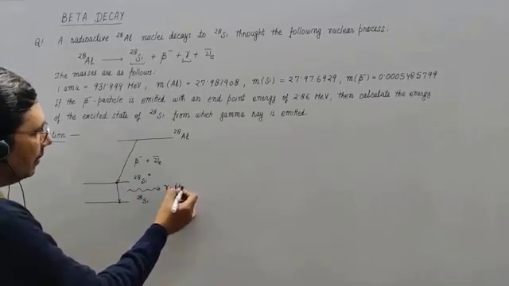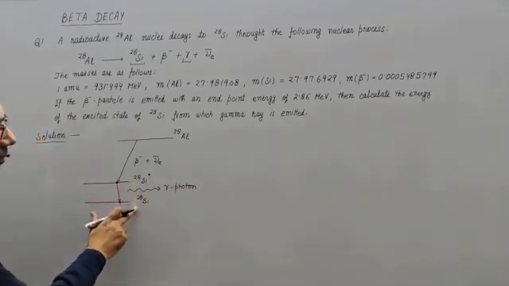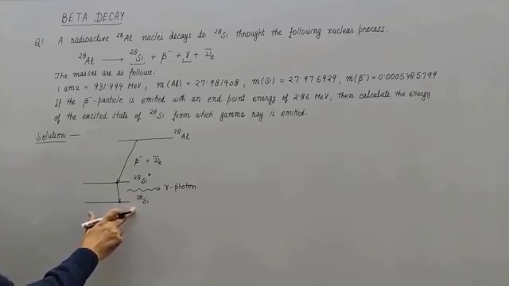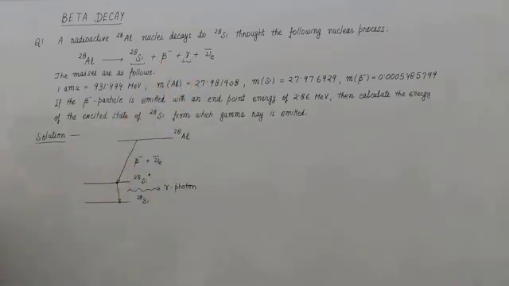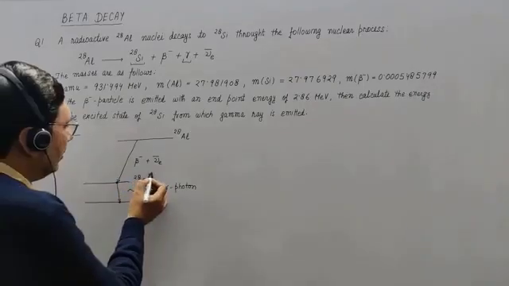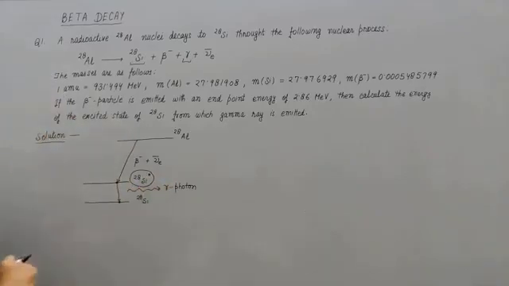This gamma photon is written in this equation. So you have to find out the energy of this excited state of 28Si. How can you calculate this?